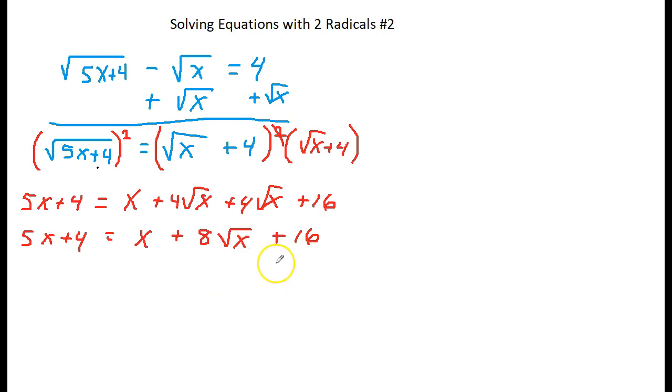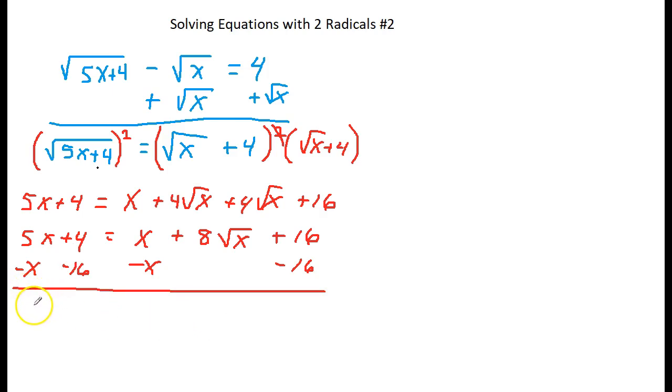All right, so minus the 16 and minus an x. Minus the x under the x and minus the 16 under the number. Okay, 5x take away 1x gives you 4x. 4 take away 16 is minus 12 equals 8 square roots of x.